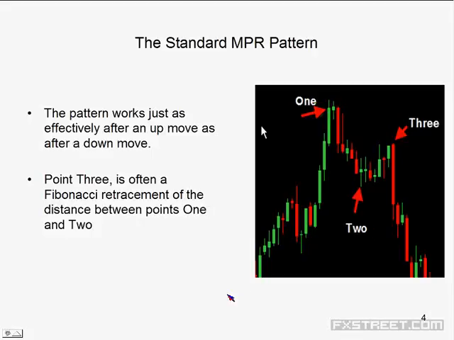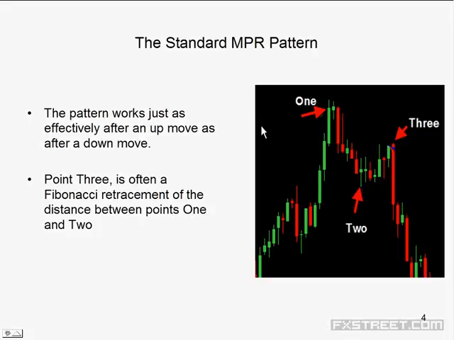It happens in reverse, of course, with the multi-point reversal, where we get a high after the market has been moving up. Ideally, this has been a strong move up, then we get a real strong correction against the main trend. It comes down to point 2, pops back up, point 3. Very often that's at a fib line.